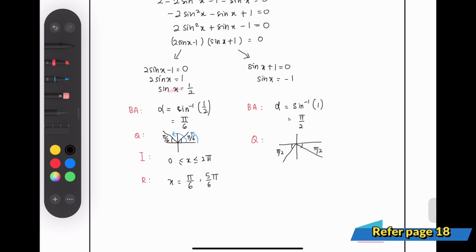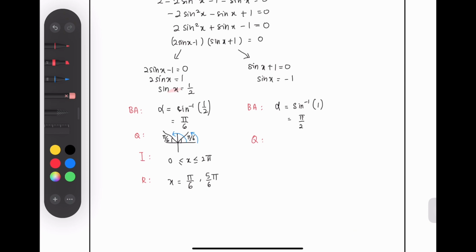But let's take a look at my drawing. Pi over 2 is basically right here. So we're going to delete the previous quadrant and draw like this, because this is pi over 2.